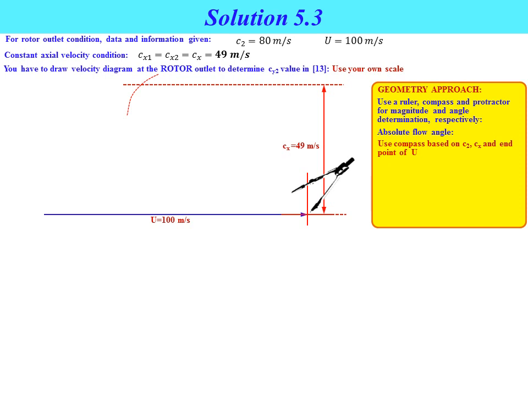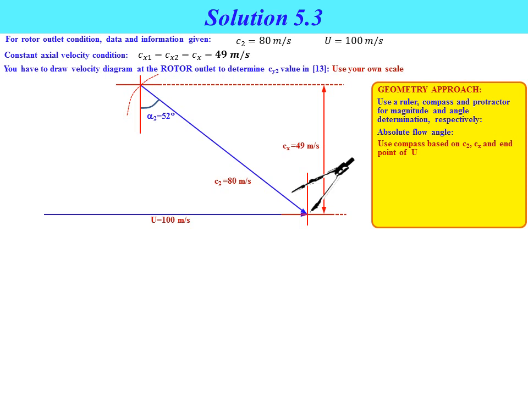The circle must intersect with the upper limit of the axial velocity line. So in order to draw C2, connect the intersection point between the circle constructed by the compass and the upper line of the axial velocity. So we'll have the vector for C2, which is equal to 80 meters per second, as shown in the slide.